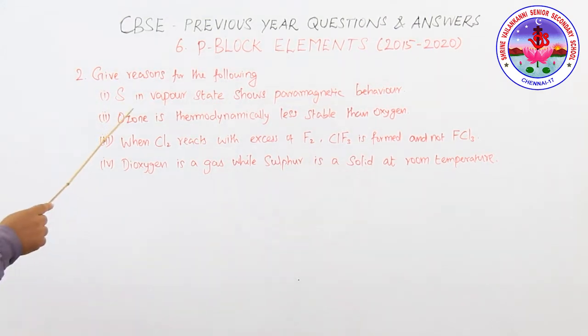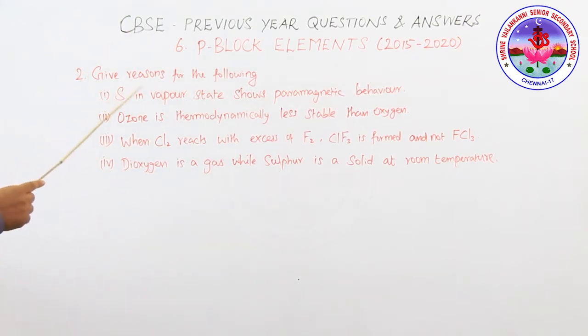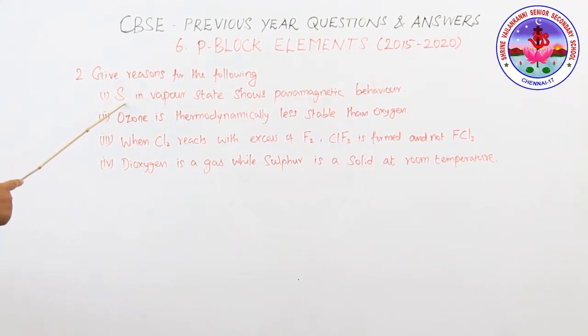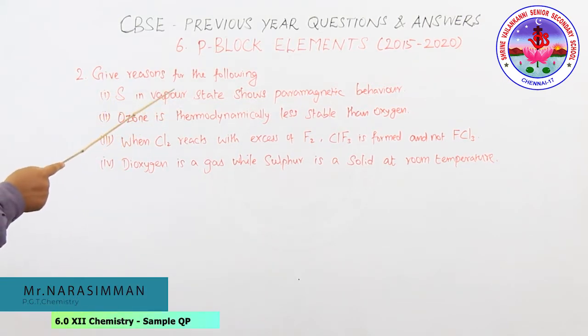The first question is: sulfur in vapor state shows paramagnetic behavior. Why? The reason is that in sulfur there is the presence of unpaired electrons. There are two unpaired electrons present in sulfur, like O2 in the vapor state.